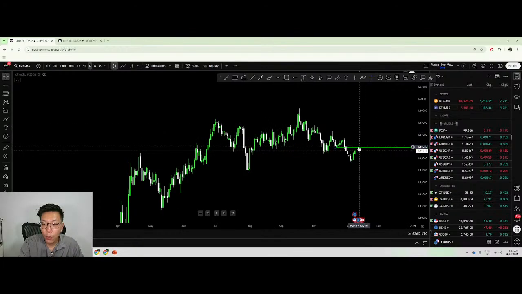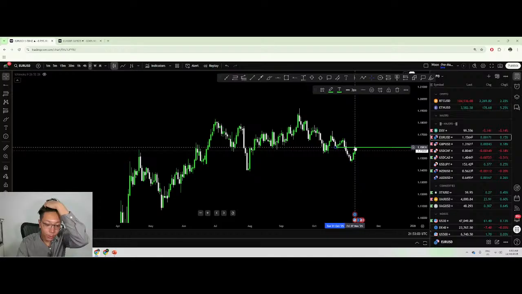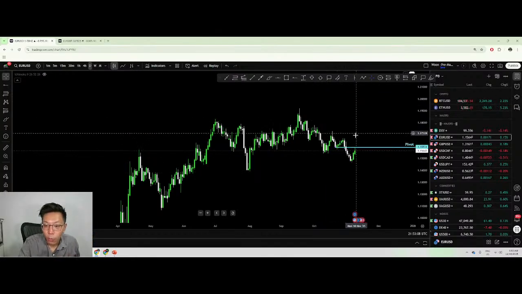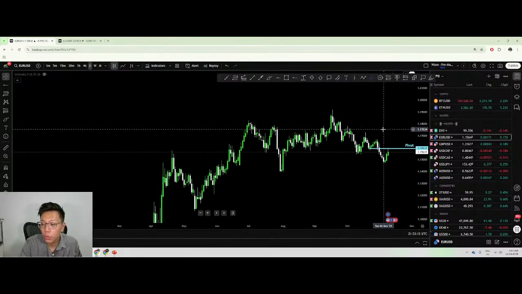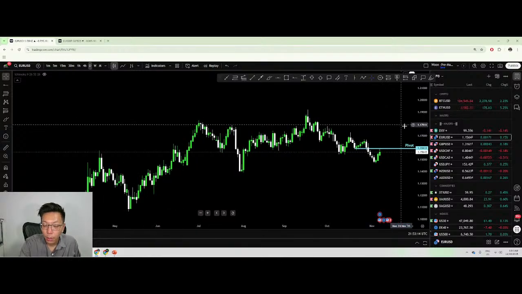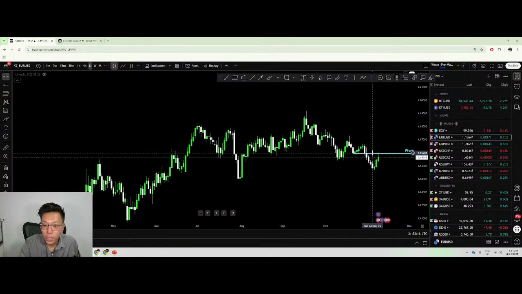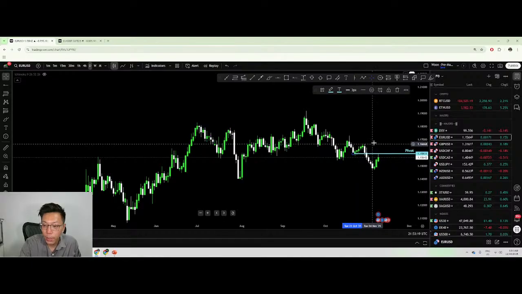You can see how price is already starting to touch this pivot point. What we can look at is whether it will close below, and then after that we can look for sell opportunities in the market. So we shall place this pullback resistance as my pivot point.